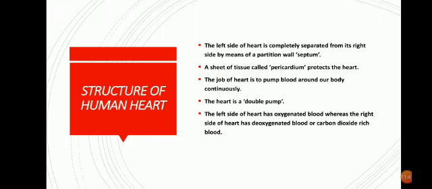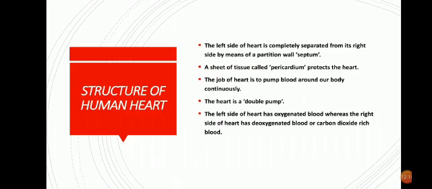Right, so actually the circulatory system is also connected with our lungs, because the blood gets enriched with oxygen from the lungs only. Now the left side of the heart has got what? It has got oxygen rich blood, that is oxygenated blood, whereas the right side of the heart has deoxygenated blood, that is carbon dioxide rich blood.